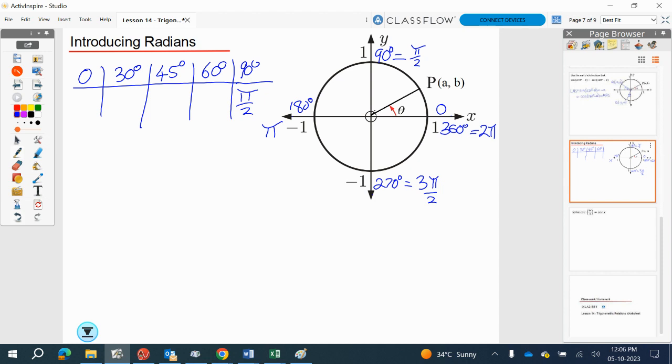How many 45s are in 180? How many 60s are in 180? 3. How many 30s are in 180? 6. So the fractions work a little bit like this.